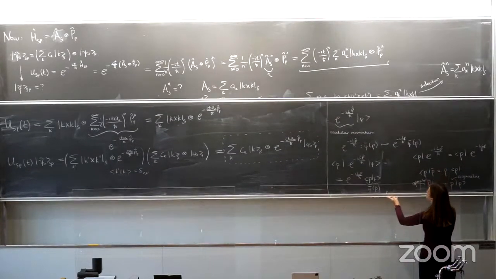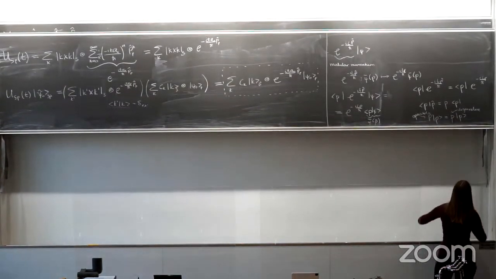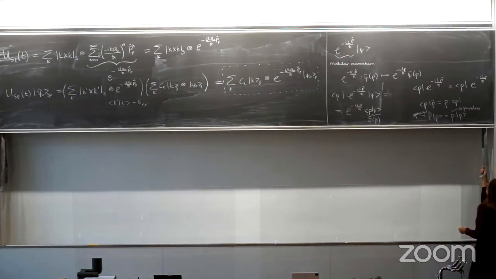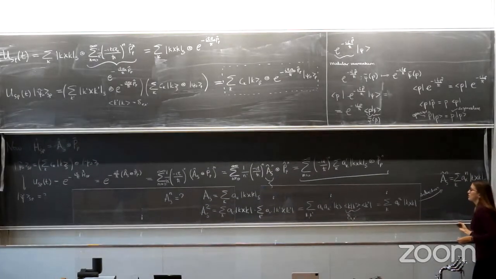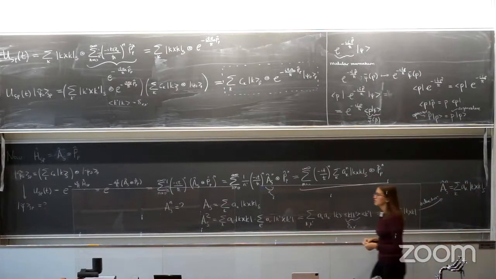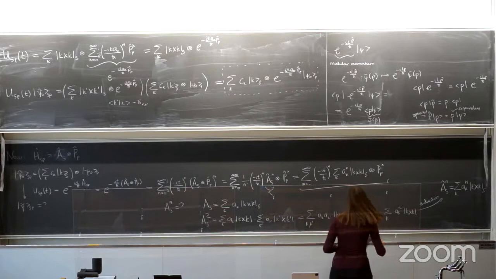Okay, so now we know how it acts on the momentum representation. And we also know the trick to go from the momentum representation into the position representation, which is the Fourier transform. So this is what we're going to do.